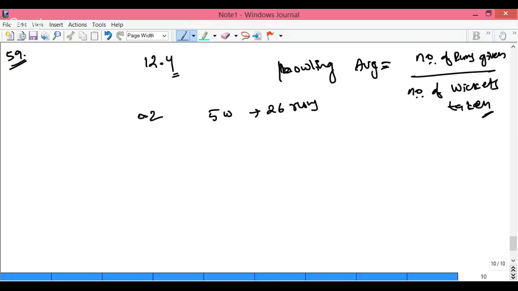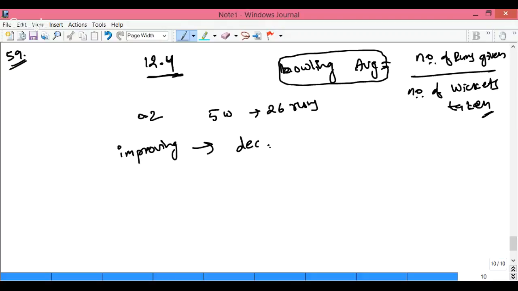In the case of bowling average, if he improves the average, we have to decrease his bowling average. Remember this: improving the bowling average means decreasing the average.